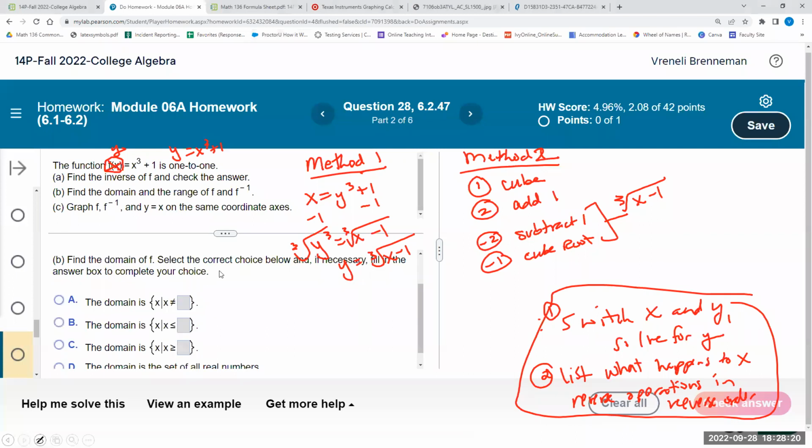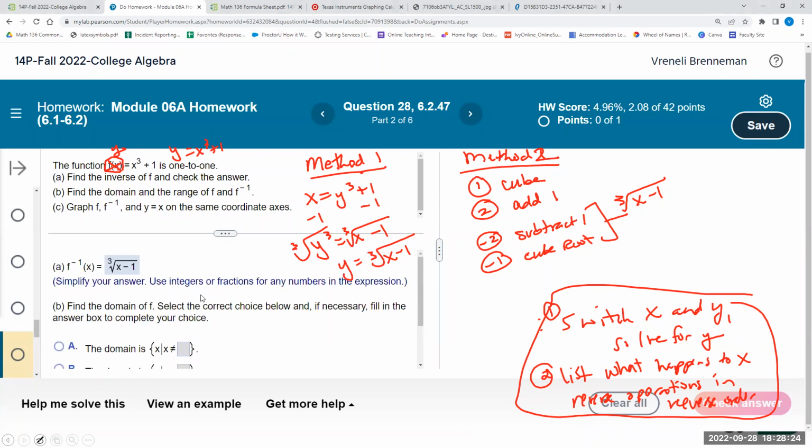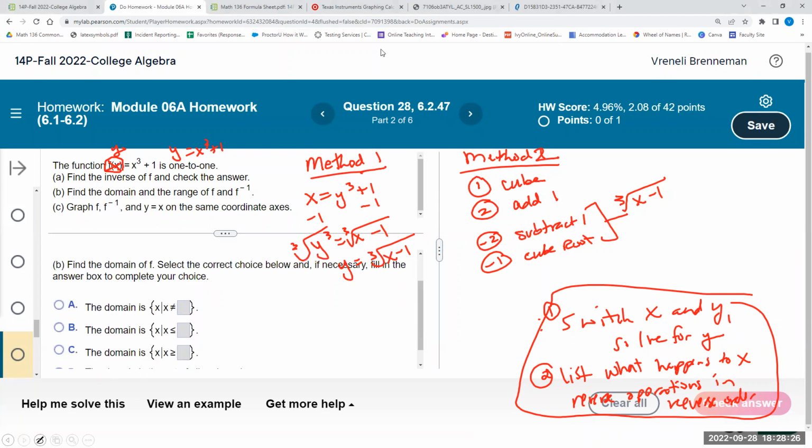Okay, so then to find the domain and range of the function and its inverse. Now, here's a shortcut. This is a cube, right? The cube function, the domain and range are all real numbers. So the inverse is going to be all real numbers. Nothing going on here with the domains. When you get to some of the other ones, and I'll do an example that's irrational, where it matters.